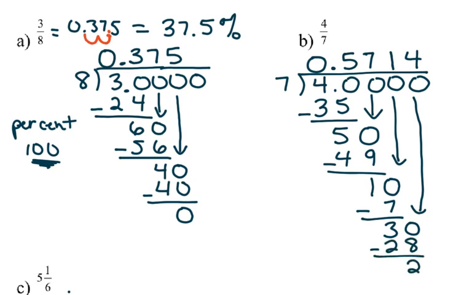Subtract, and I have 2 left over. Should I keep going? Well, let's see. Bring down the next 0. 20 divided by 7 is 2, with 14 left over. 2 times 7 is 14, with 6 left over. Now what will happen from there is it will keep going.